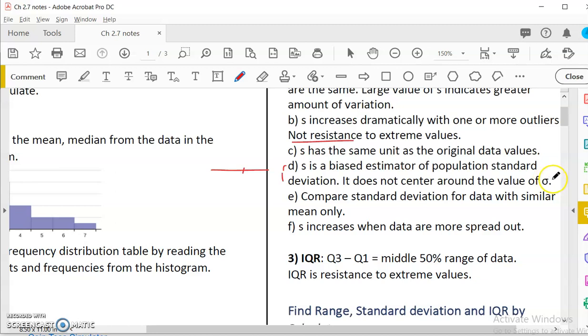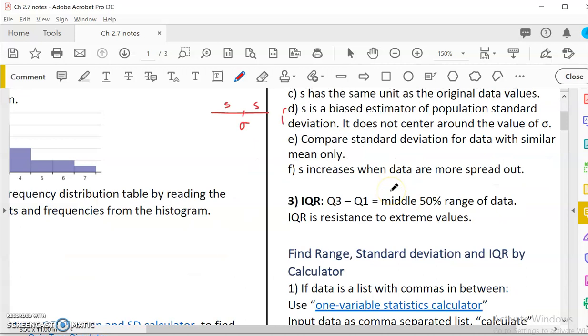Sigma is the population standard deviation. We know it because we have the population data. And if you use a lot of samples and calculate the S values, it turns out that they don't center around sigma. So we call it a biased estimator.